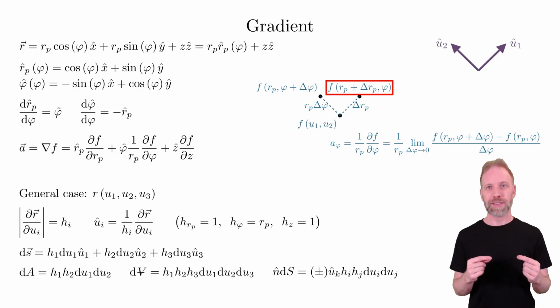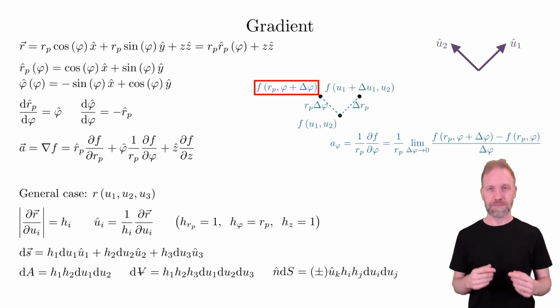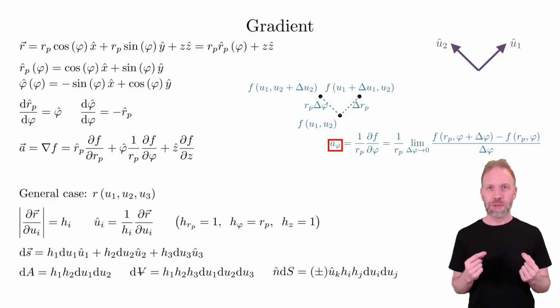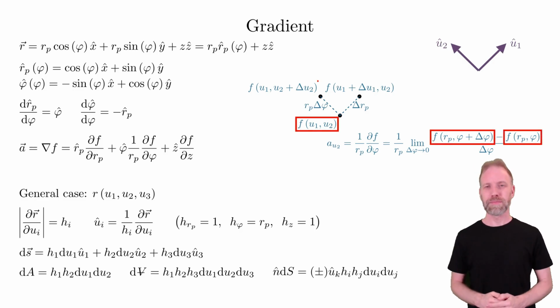This will be the small step in u1, and this is our small step in u2. This would be a u2 in our general coordinate systems. Update with the new names.